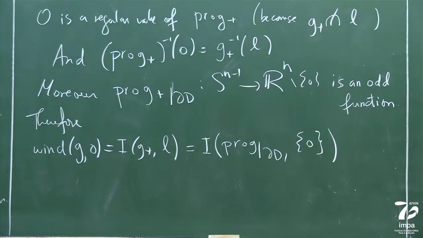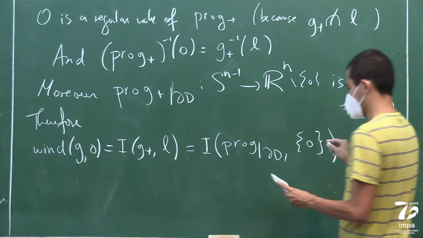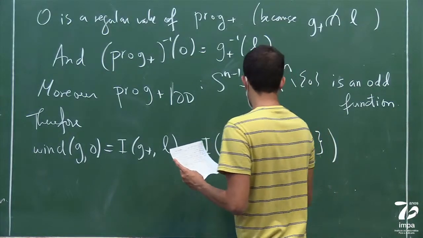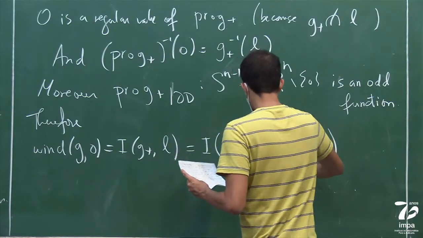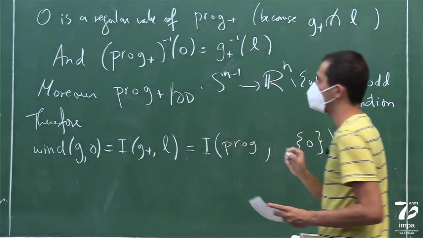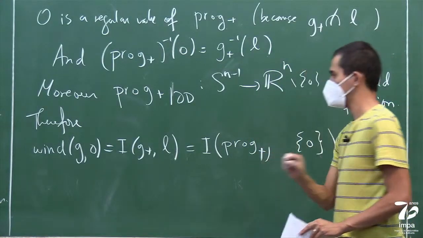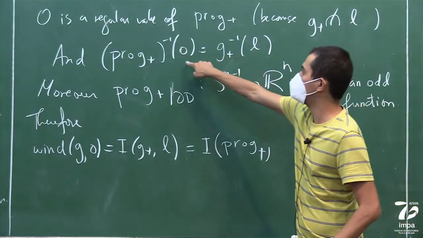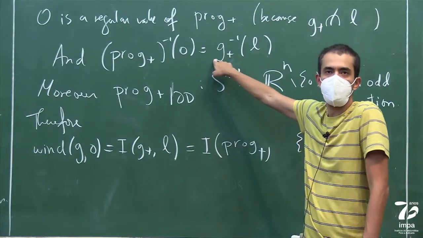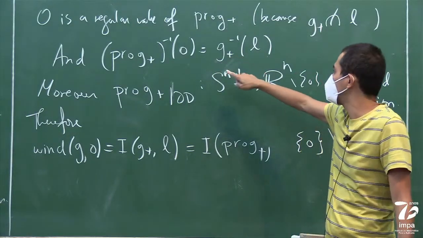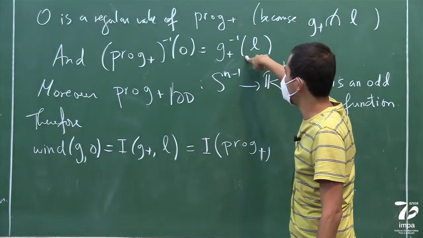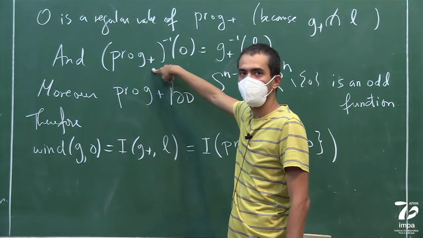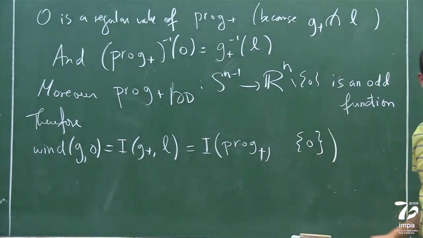And by the proposition that we proved earlier, no, sorry, this is what's true. So in the whole disk, g plus, because of this equality here, and the equality comes with the orientation, the number of preimages here is the same as the number of preimages here.